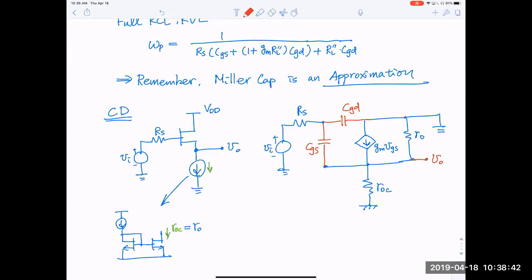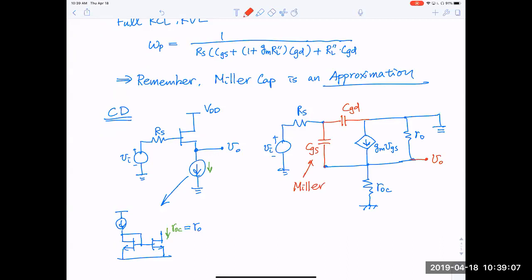Is there a Miller effect in this circuit topology? Yes. And which capacitor will see the Miller effect? CGS. So the Miller effect applies to CGS.